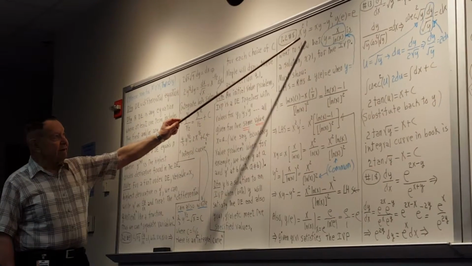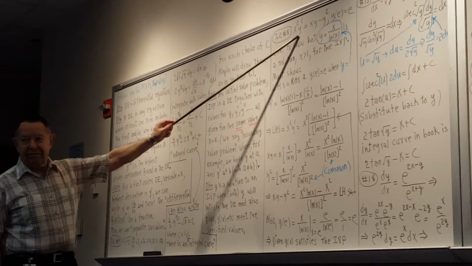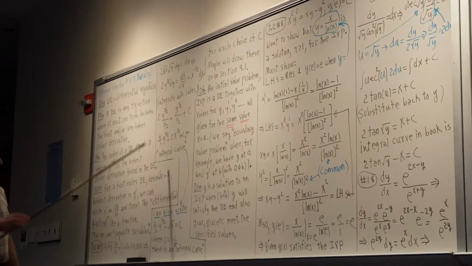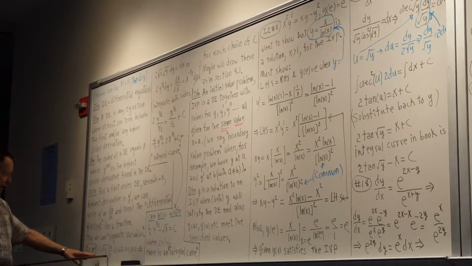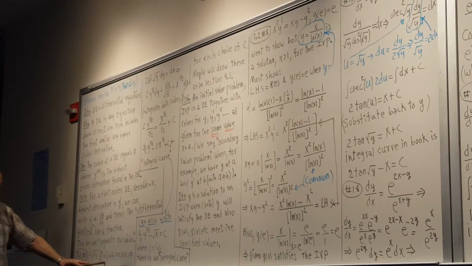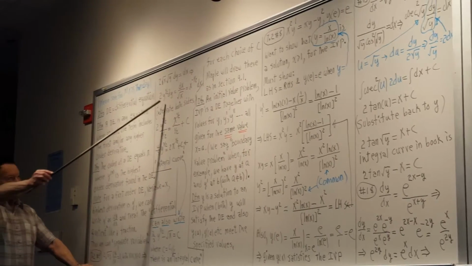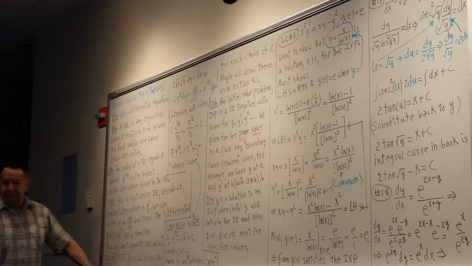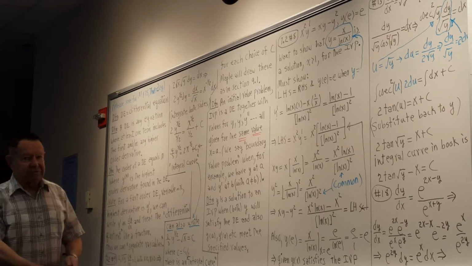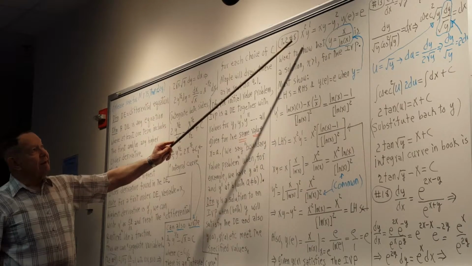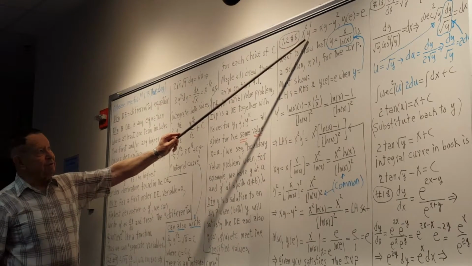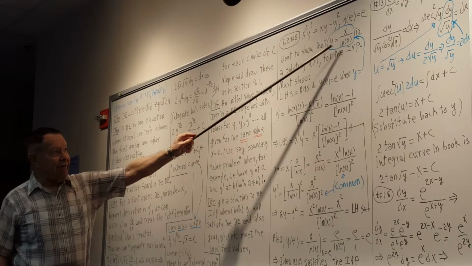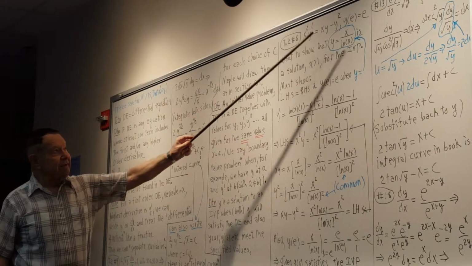In this one, they're not expecting you to solve the differential equation straight up as I did with this. In this one, in 9, we have the differential equation and we separated variables and came up with a solution. In problems 7 and 8 in your book, they don't expect you to start with the differential equation and figure out that this is the solution.